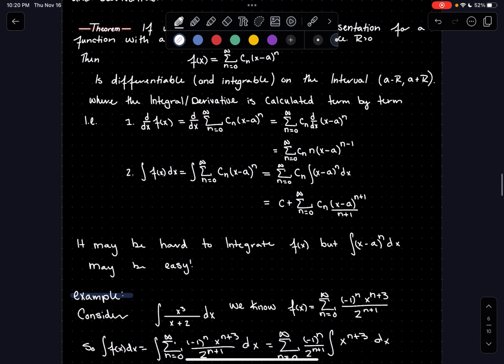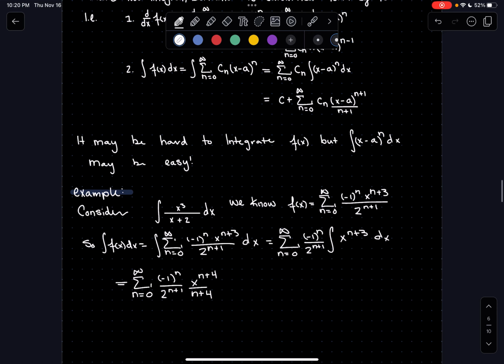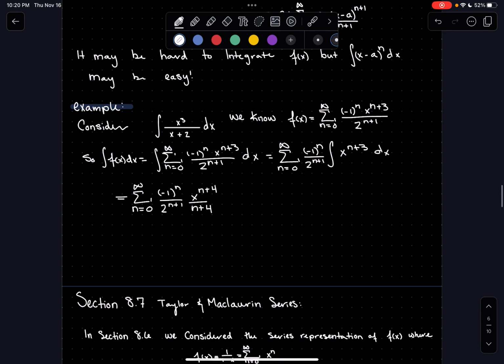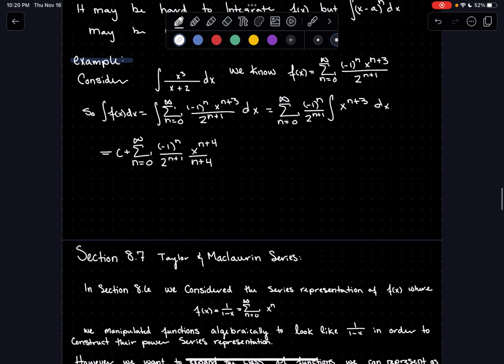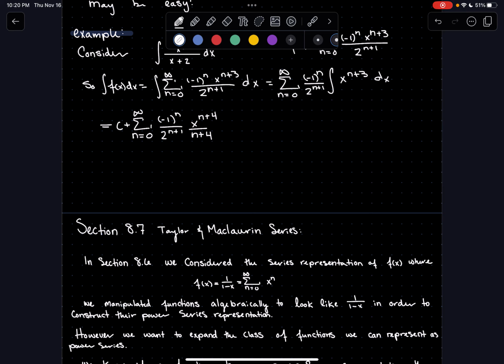And then we add this c on the outside of the sum, which I probably should have left room for, because this is an indefinite integral, so we get some constant. Anyways, it doesn't super matter, because if you evaluated this integral specifically, it wouldn't totally matter, right? And so that's it, right? I can simplify this a little bit, but there's no real need to simplify it here, right?